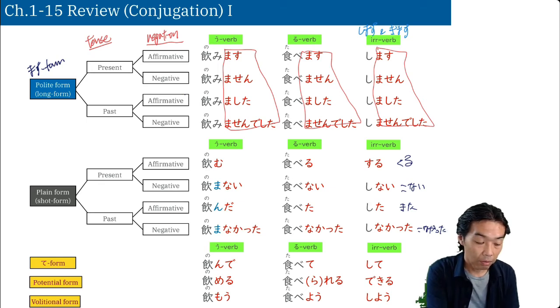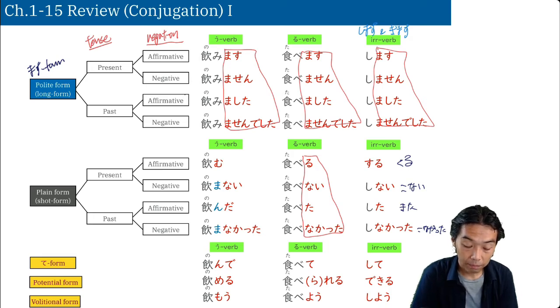All you have to do is remember these 4 conjugations: る、ない、た、なかった.